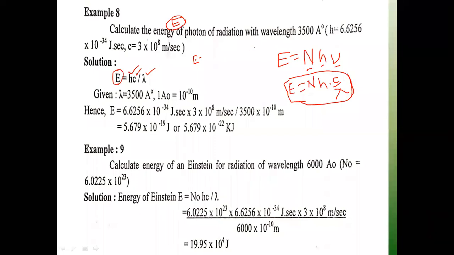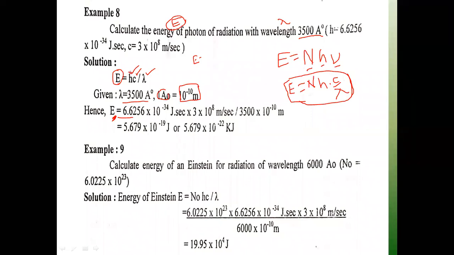You can see here the 3500 angstrom is the wavelength, lambda. Firstly, convert it into meters. 1 angstrom is equal to 10 to the power minus 10 meter. With this wavelength you can calculate the value of E. Put in the values one by one.